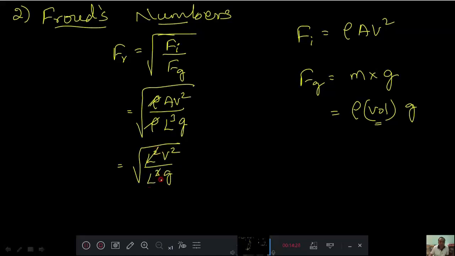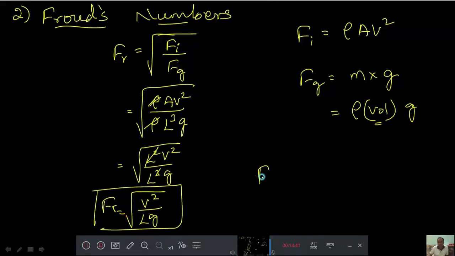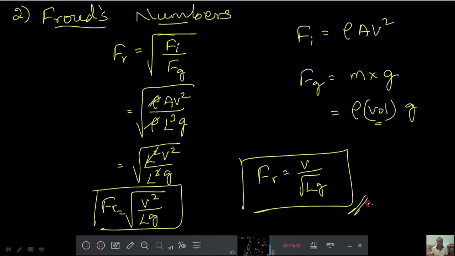Then L square and L cube cancel, and it will be v square divided by Lg, and their root. This is your Fr, and you can simplify it as Fr is equal to v divided by root Lg. Understood? Very important definition.